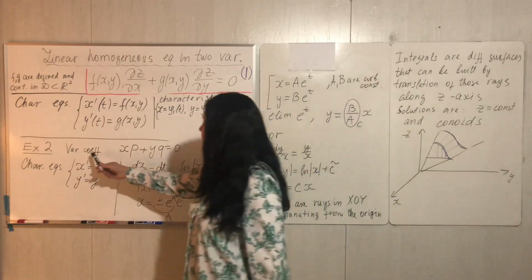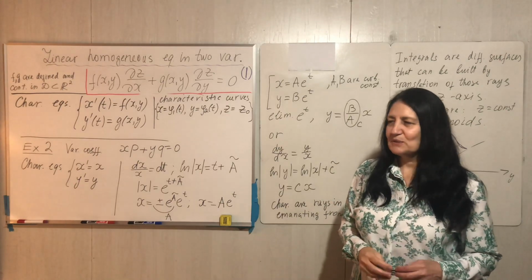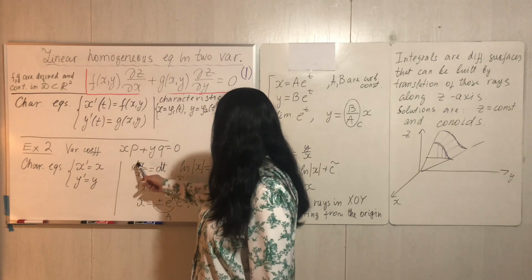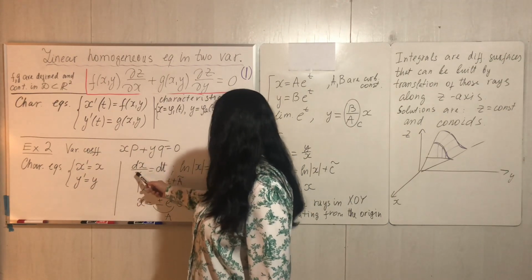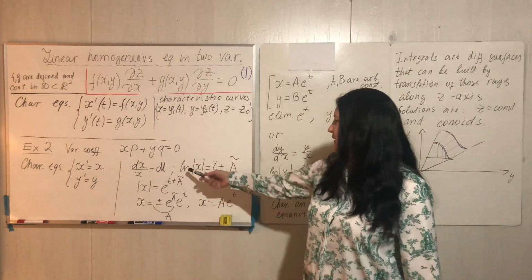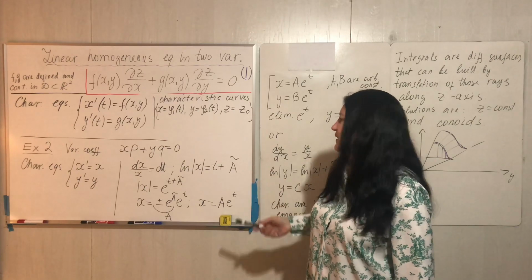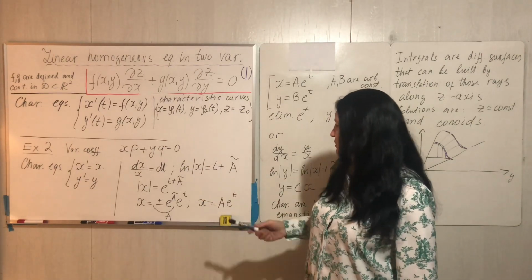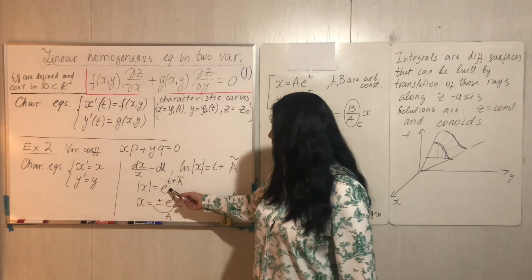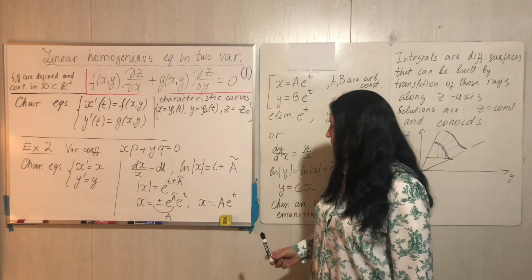So let's look at the first equation and recall the undergraduate course of ODE, how to integrate this separable equation. We put dx over x equals dt, then we integrate, it will be ln of the absolute value of x equals t plus a constant. Then we take the exponential function of both parts, and we have the absolute value of x equals e to the t plus this constant.